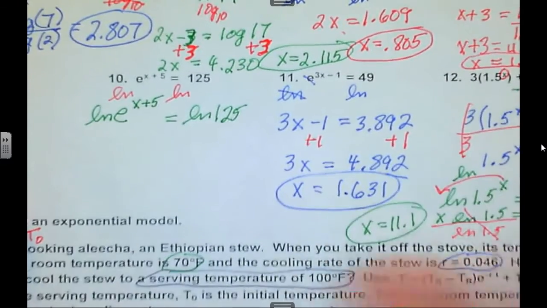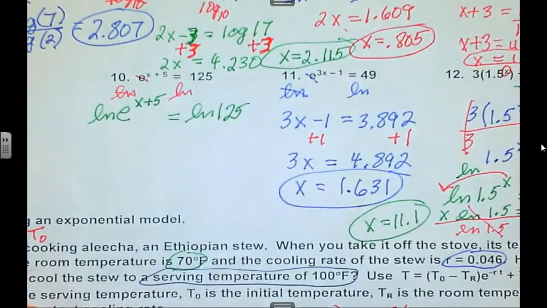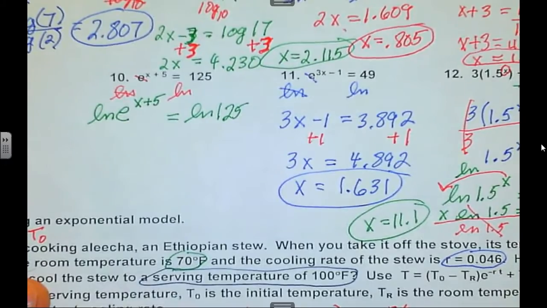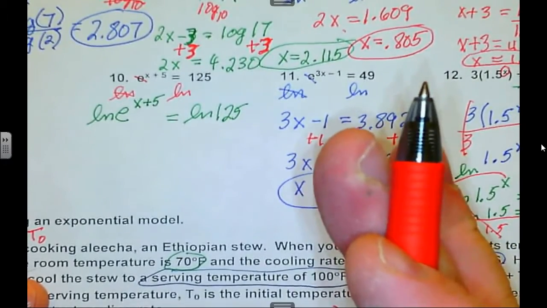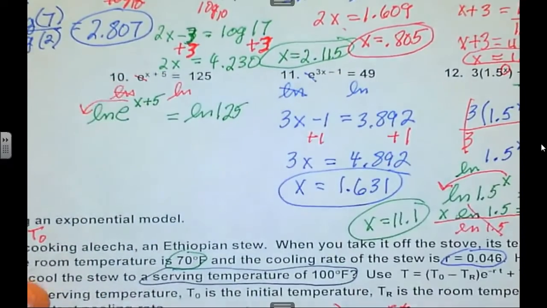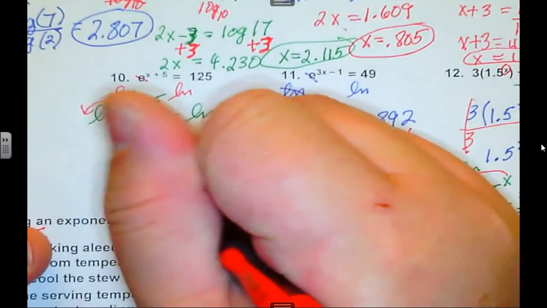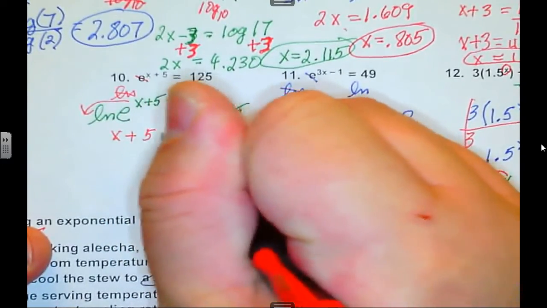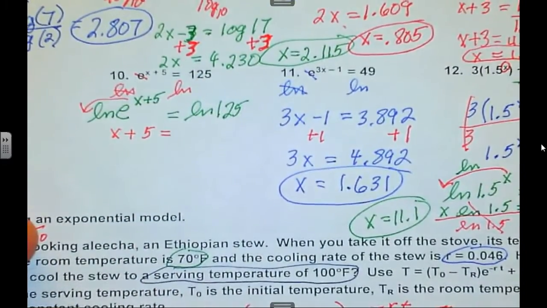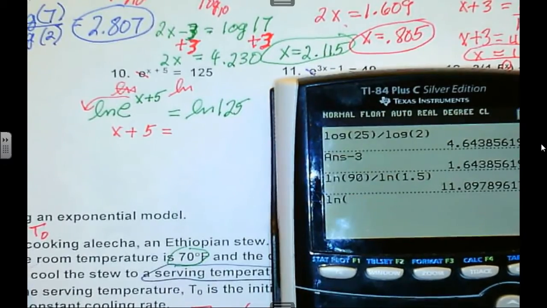Now you can think of this as two different ways. The ln is going to cancel out. Remember, logs cancel out the bases. So you can think of it that way, or you can think of it as bringing that x plus 5 out in front. Either way, on the left-hand side, you're going to end up with x plus 5. The ln of 125, well, let's get an estimate here. ln 125, 4.83.